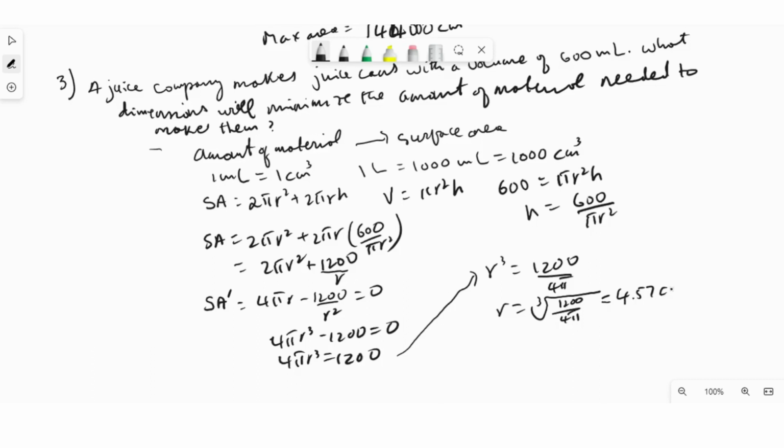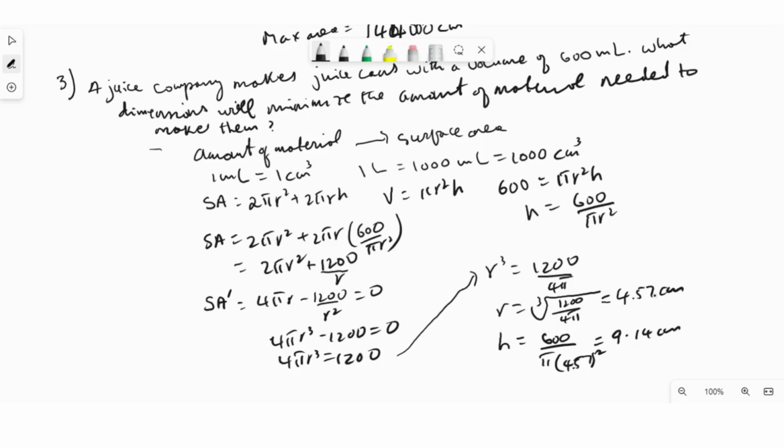I calculate this, I get 4.57 centimeters. I substitute this into my h, which is 600 over pi times 4.57 squared. This will be 9.14 centimeters.